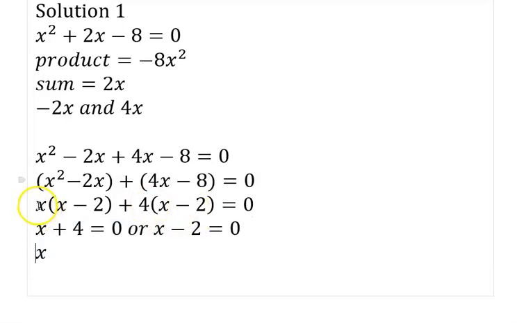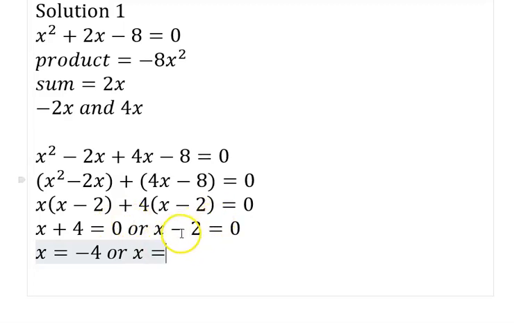So having done that, just bring out this one that is there, x plus 4. And this one, x minus 2. Now if you want to make x the subject of the formula, you are taking this plus 4 out. Here, it will change to minus 4. Or x equals this minus 2.